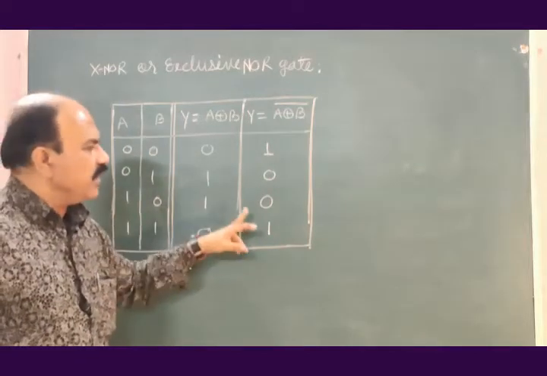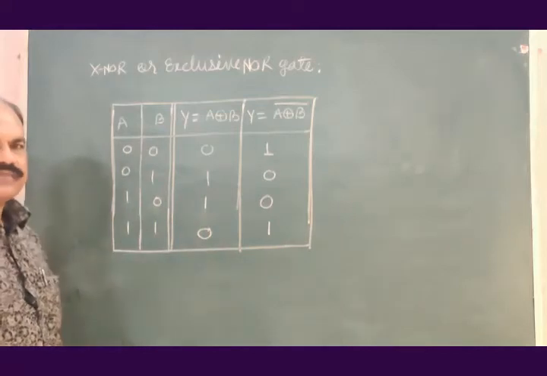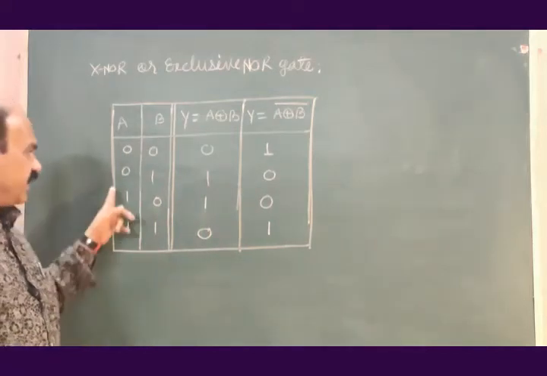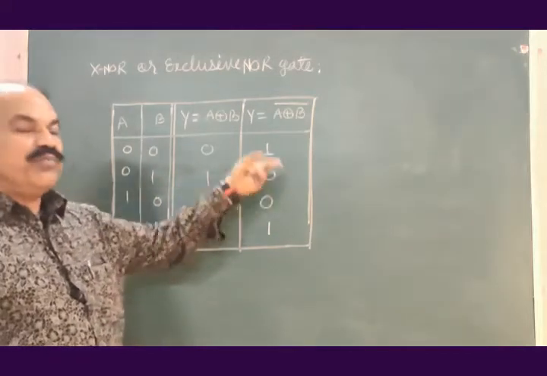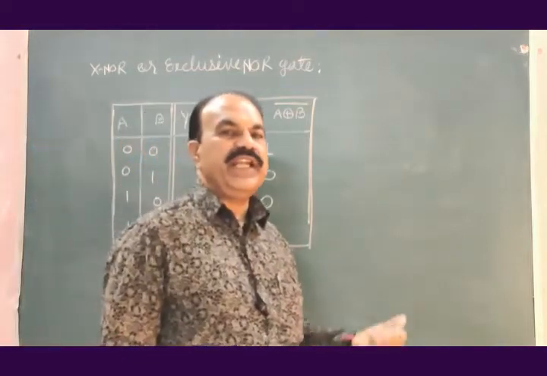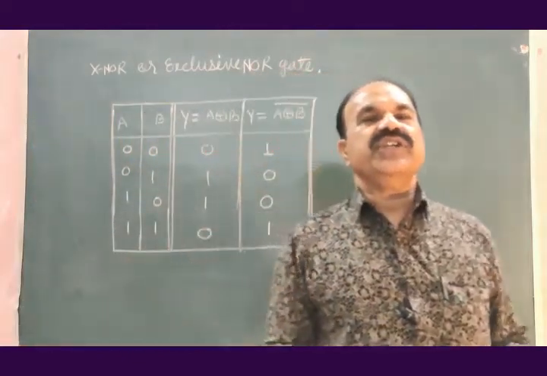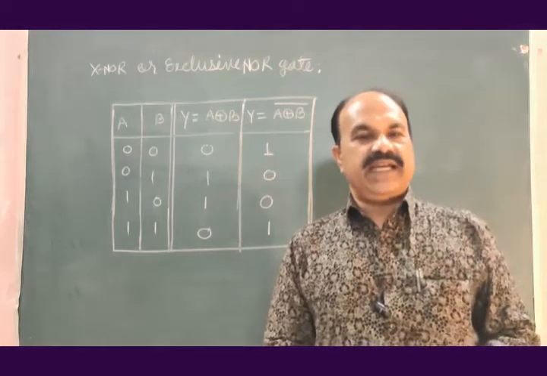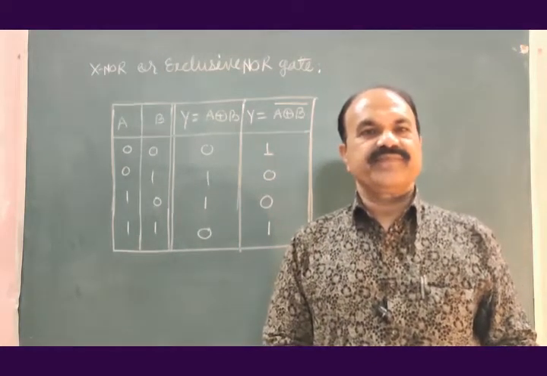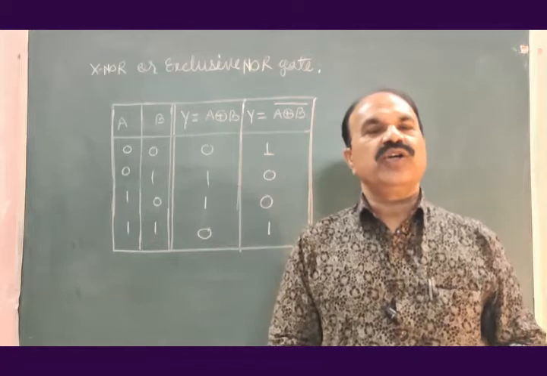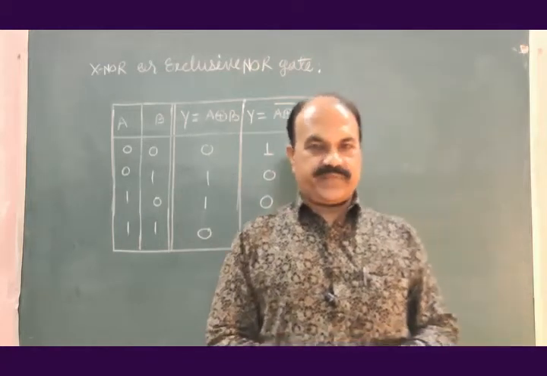Inputs are same, output is high. In other cases, when the inputs are different, output of this logical gate will be 0. Such a gate is known as XNOR or exclusive NOR gate.